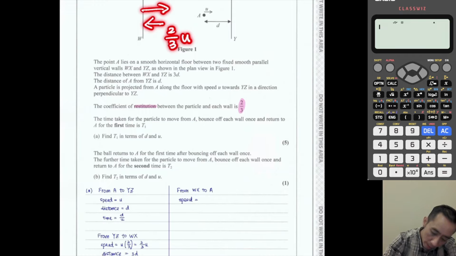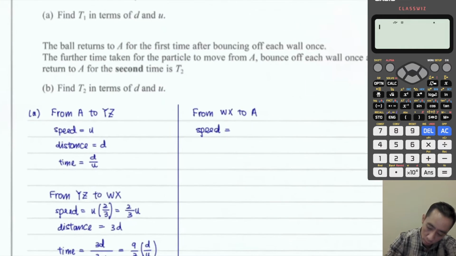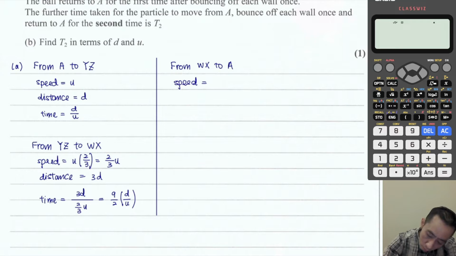When it bounces back, we need to multiply with 2/3 because of the coefficient given here. So 2/3u multiplied with 2/3, here we have 4/9u.